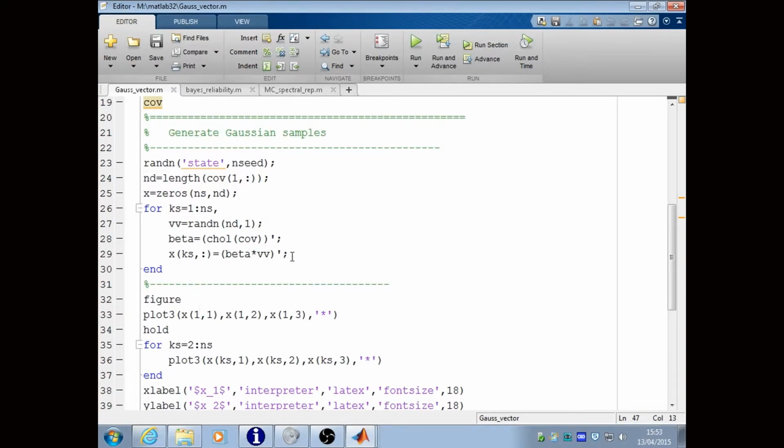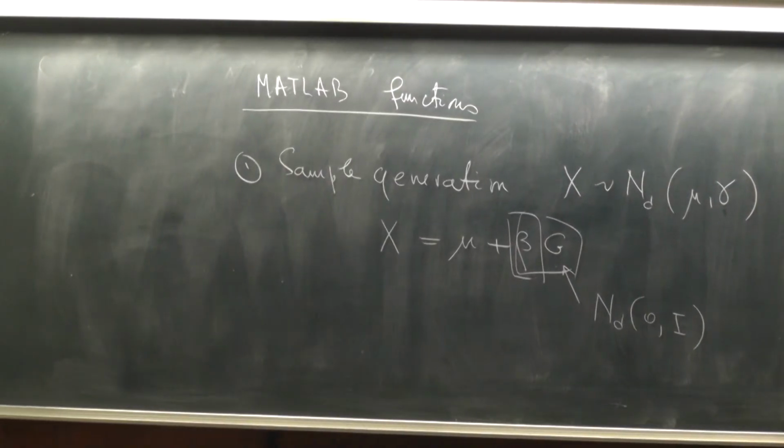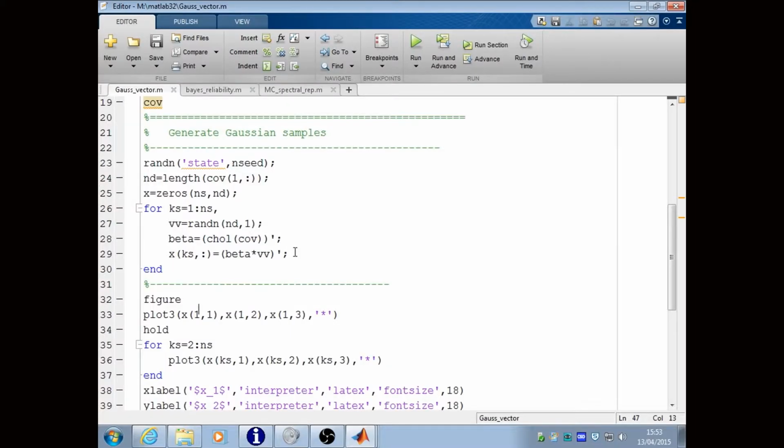Okay, so now once you have it, all you have to do is to do this part. And this part is done this way. V is randn that generates independent 0, 1 Gaussian variables, a MATLAB function.